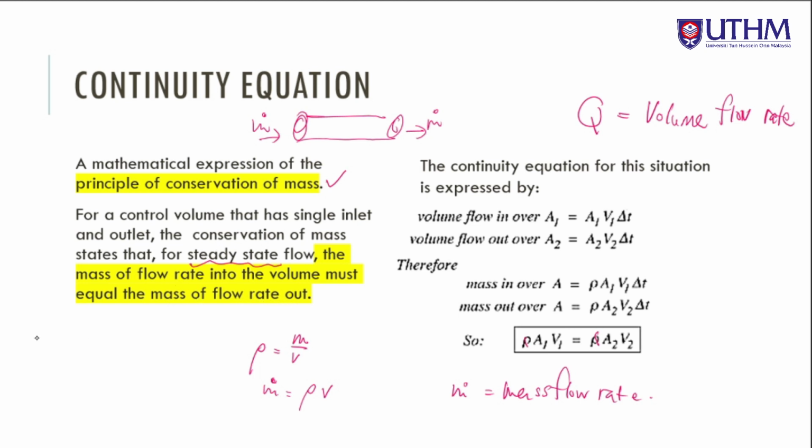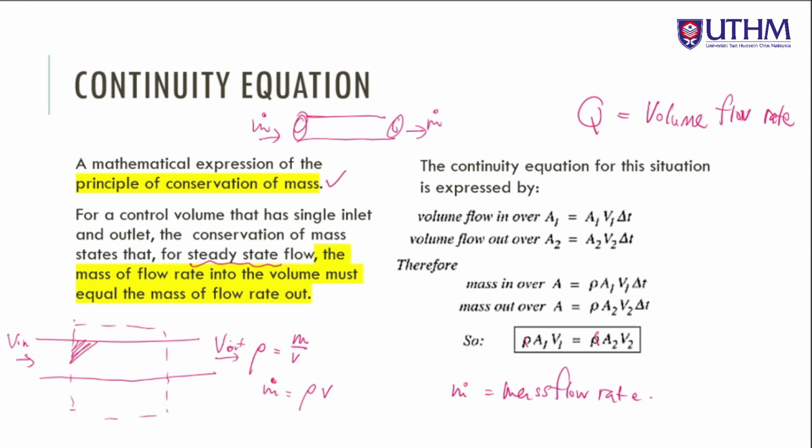Okay, so contohnya kan, ini adalah satu area yang mana kita ada flow in and flow out lah. Okay, so and then kita create satu area yang dinamakan control volume.